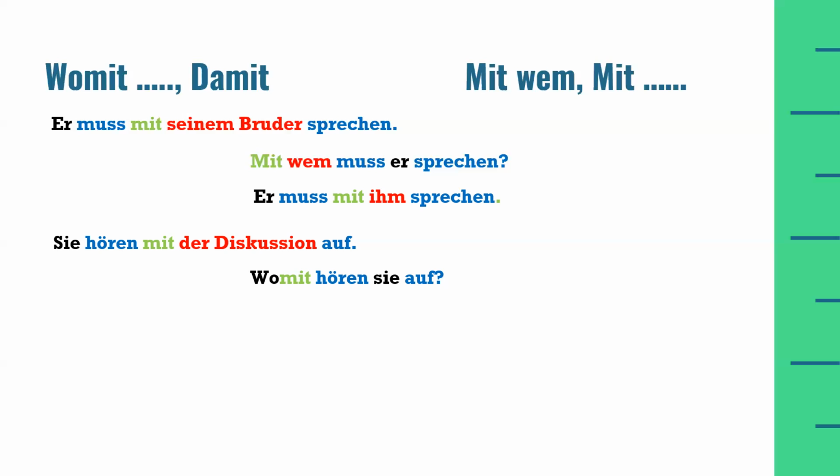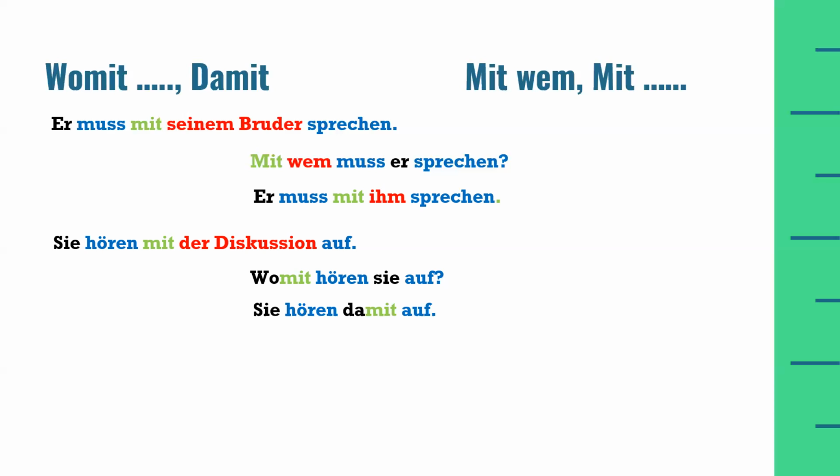We are using the mit preposition here because it is a fixed preposition. Whenever we use the aufhören verb, whatever we are going to stop, we have to use mit in front of that. If we are stopping smoking or if we are stopping a discussion, we have to put the mit preposition before that.